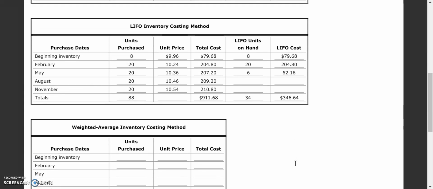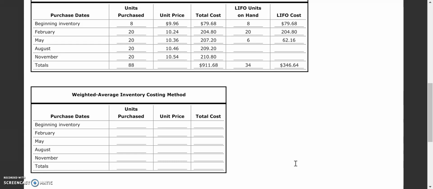Now we're going to come down here and do a weighted average. So again, with this one, our information is still going to stay the same. We just have to fill it back in. So I'm just copying this right down from my table above because it does not change.